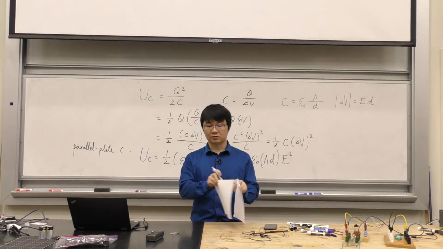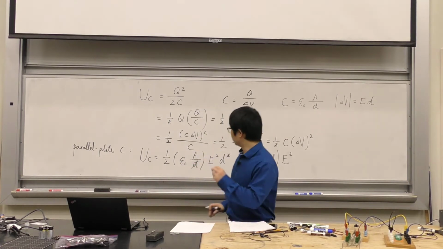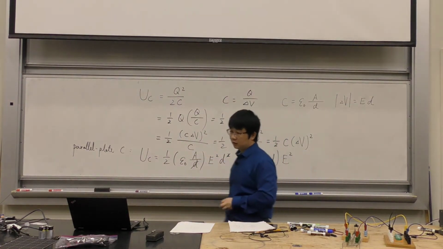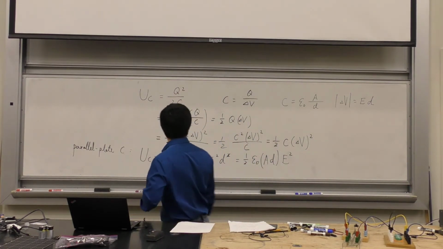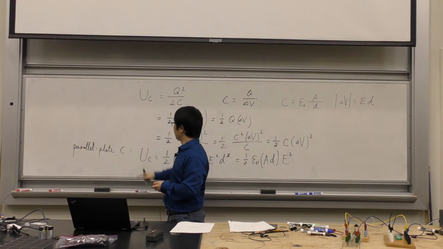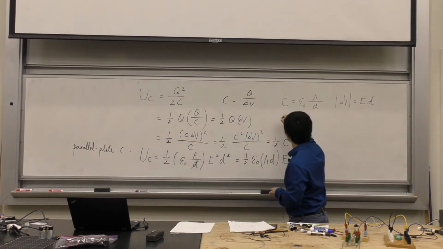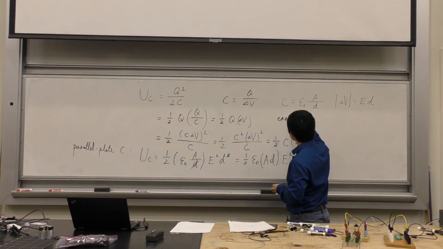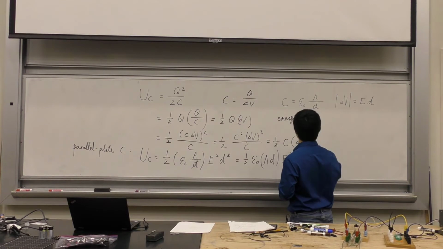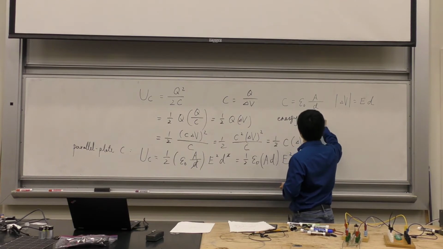So we can use this conclusion to define another thing called the electric field energy density. So this is energy, big U. We use another thing, little u. Some people get confused, okay? This is the density.